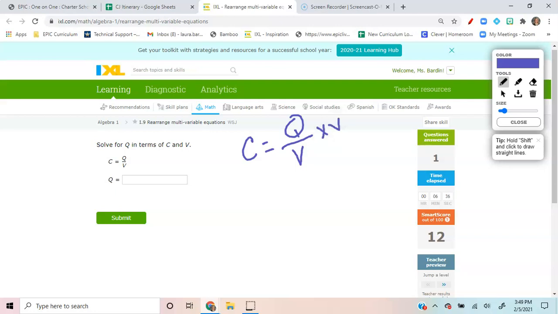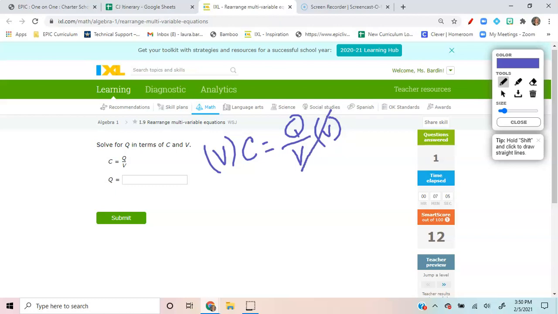Now, I don't like to write times as an x, because it looks like an X. So another way in Algebra 1 and pre-algebra to write times is to write multiply by V. Multiply by V and multiply by V. So we know that this V would be on top, so those would cancel out.